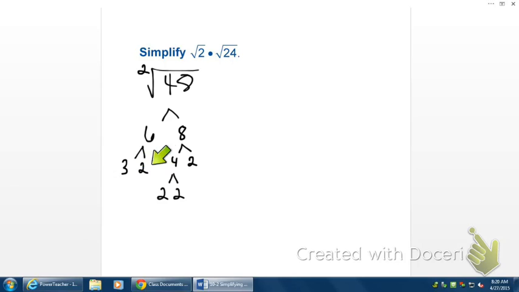So we got a 3, a 2, a 2, a 2, and another 2. Now, we're finding pairs, sets of 2. So I got a 2 here and a 2 here, so one of the 2s comes out. I shouldn't have put that so close to it.